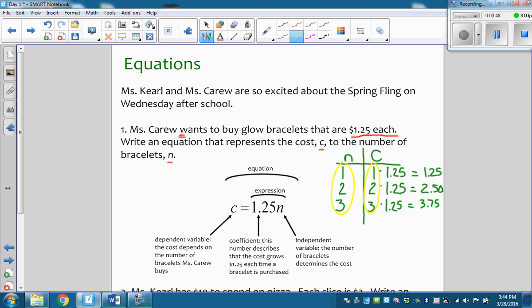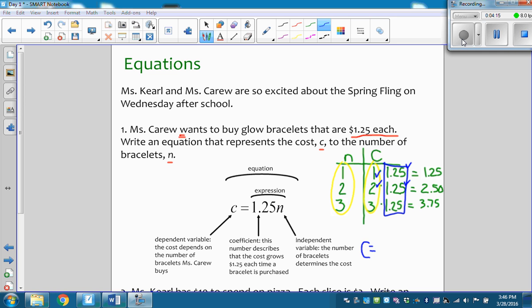This number changes in the problem, but the 125 stays the same. Okay. So since the 125 is in each problem, it's going to be in our final equation. So what we would say is the cost is found out by taking the variable times the 125 each time.